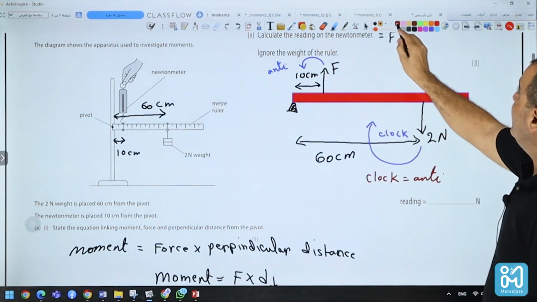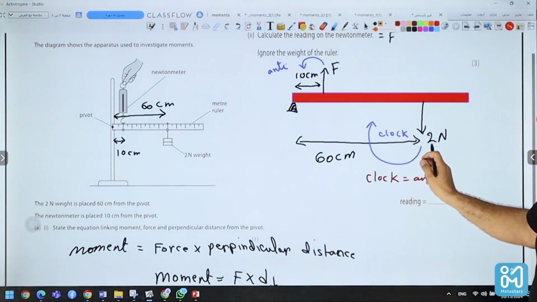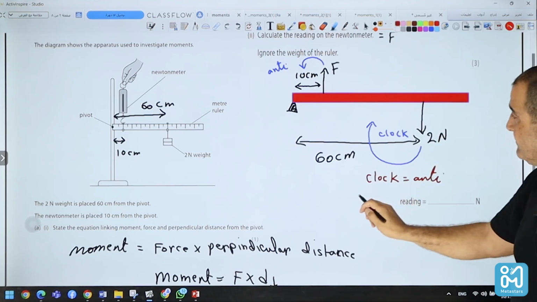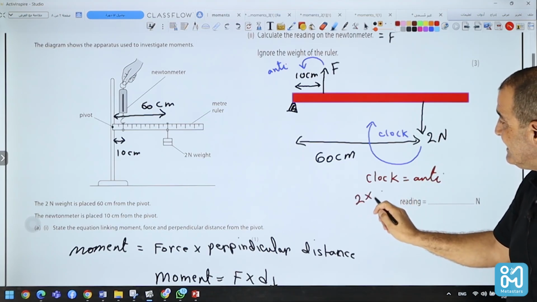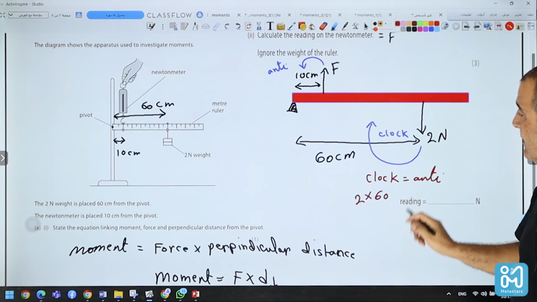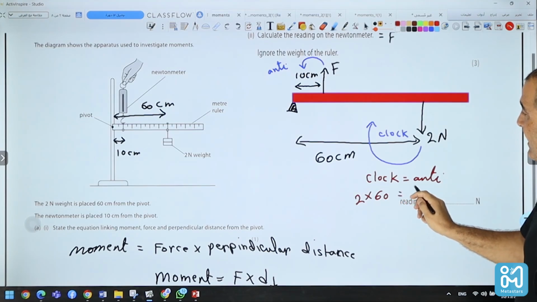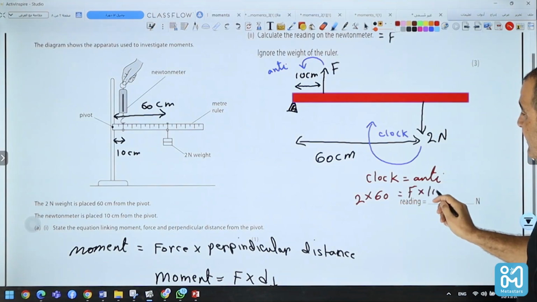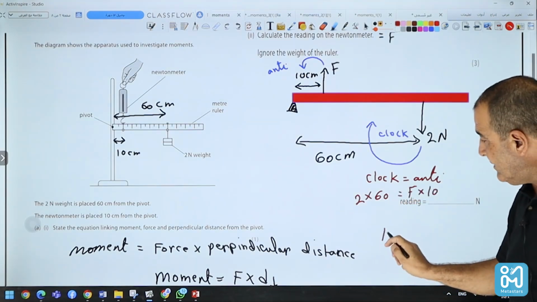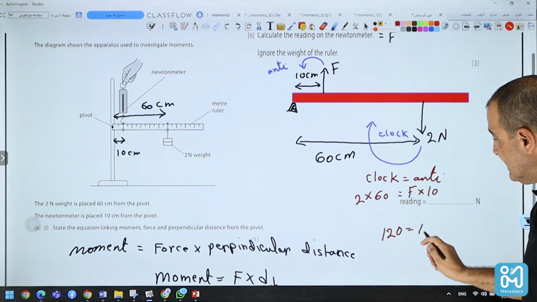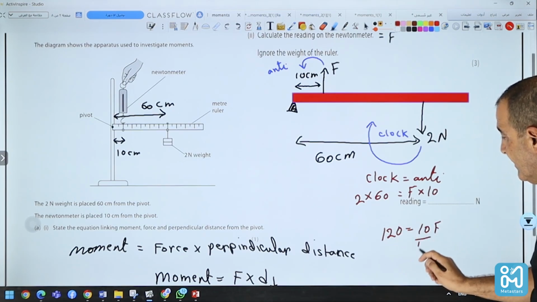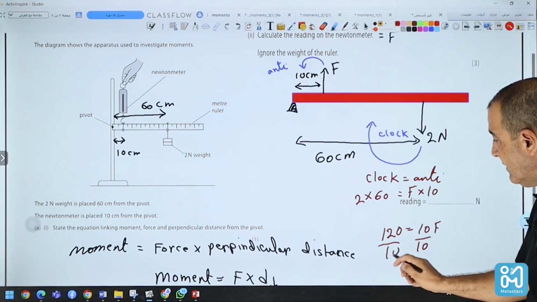So clockwise equals anti-clockwise. Clockwise, which is 2 times 60, equals F times 10. 120 equals 10F, divide over 10 and over 10.